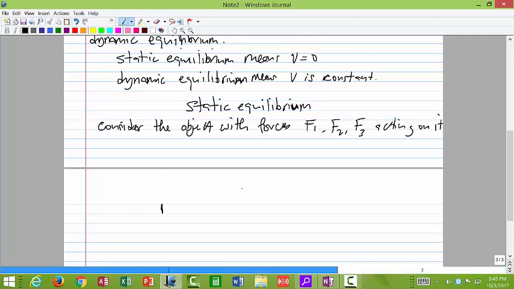So let's put this first in an xy coordinate system. This is x, and that is y. We have this object here. We can have one force, F1, a second force, F2, acting on it. And the third force can be a force like that, F3.